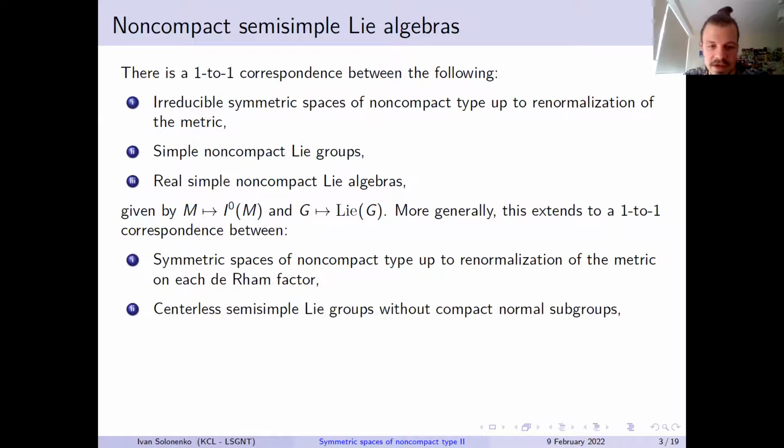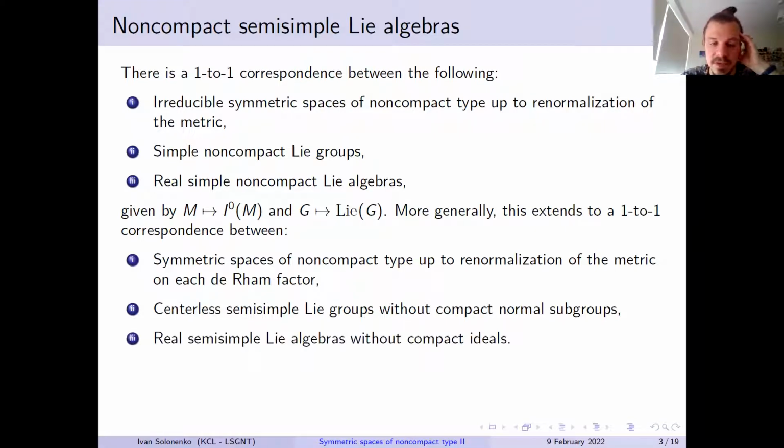In the second case, you have centerless semi-simple Lie groups without compact normal subgroups. So basically, those are products of simple non-compact Lie groups. And finally, real semi-simple Lie algebras without compact ideals, basically just products of simple non-compact Lie algebras. Or not products, sums, whatever.